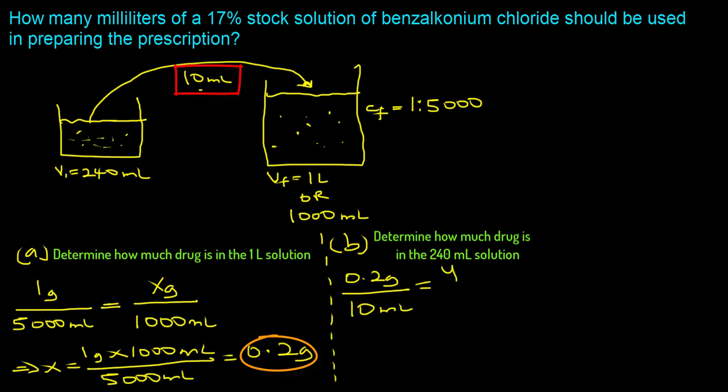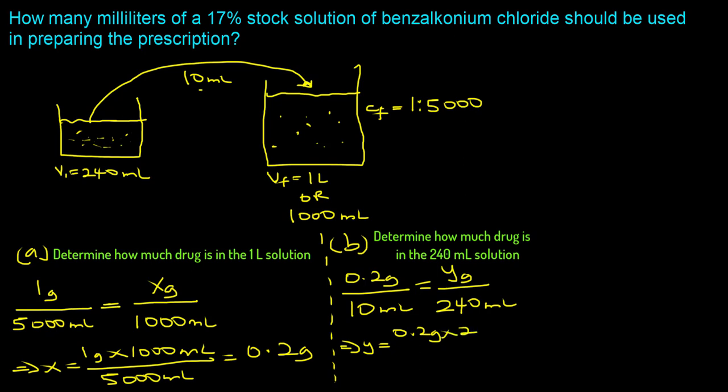So how many grams of benzalkonium chloride is actually present in the 240 milliliter stock solution? So we can go ahead and solve for y, and y is going to be equal to 0.2 grams times 240 milliliters divided by 10 milliliters, and that is equal to 4.8 grams.